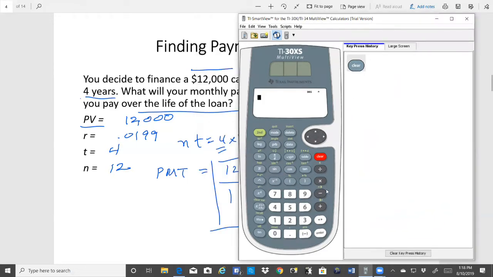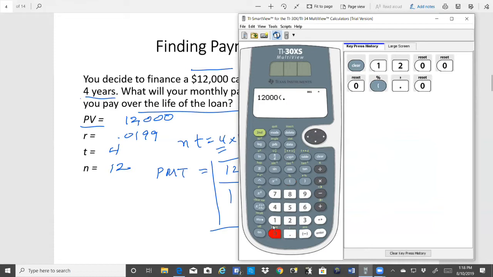We're going to enter 12,000 times 0.0199 divided by 12. And that is the numerator. And we're going to divide that by the denominator.